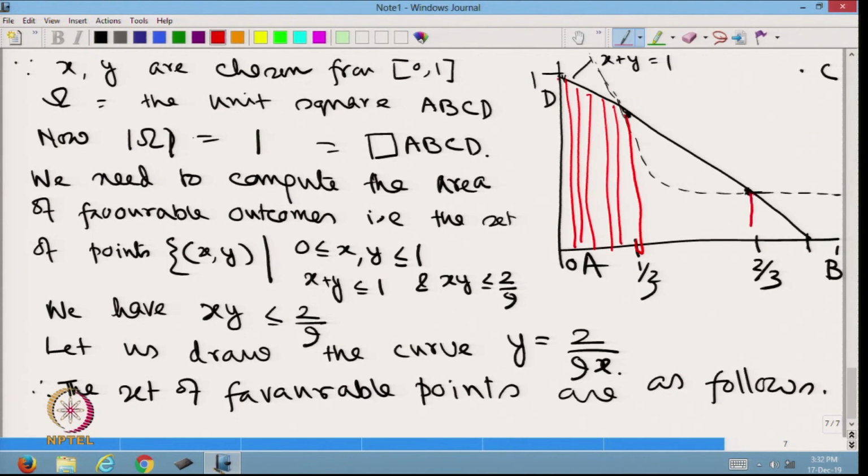All these points in this triangle satisfy both the inequalities, and between 1 by 3 to 2 by 3, since the curve is below x plus y is equal to 1, therefore, the area is going to be this part. Therefore, we have to compute the total area to find the probability of the event.